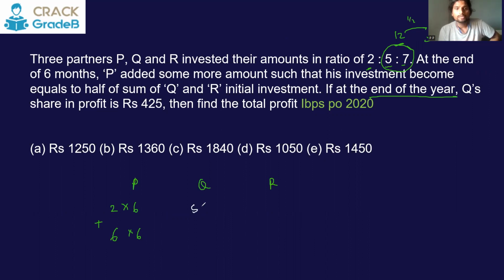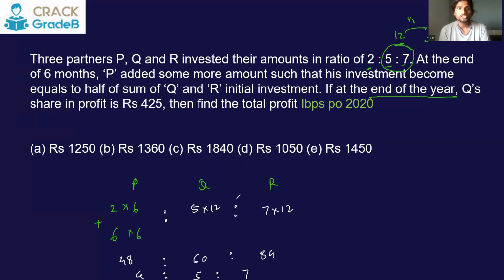Q invested 5 rupees for 12 months and R invested 7 rupees for 12 months. So this is the ratio in which they will divide their profit. So this is 12 and 18, 36 and 12. That is 48 is to 60 is to 84. If we divide by 12, this is 4 is to 5 is to 7.